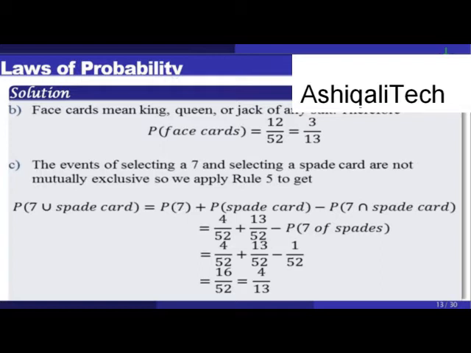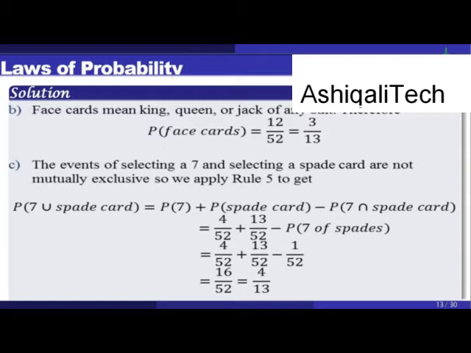Dear students, now for part C, the events of selecting a 7 and selecting a spade card are not mutually exclusive, so we have to apply rule number 5. Probability of 7 union spade card is equal to probability of 7 plus probability of spade card minus probability of 7 and spade card. Now probability of 7 is, there are 4 sevens, so it is 4 over 52.